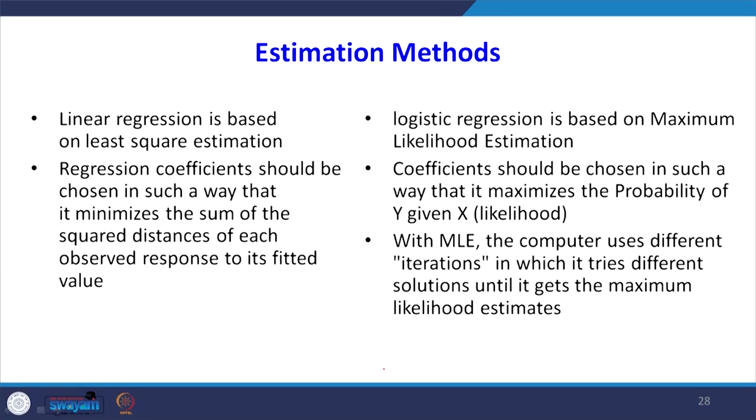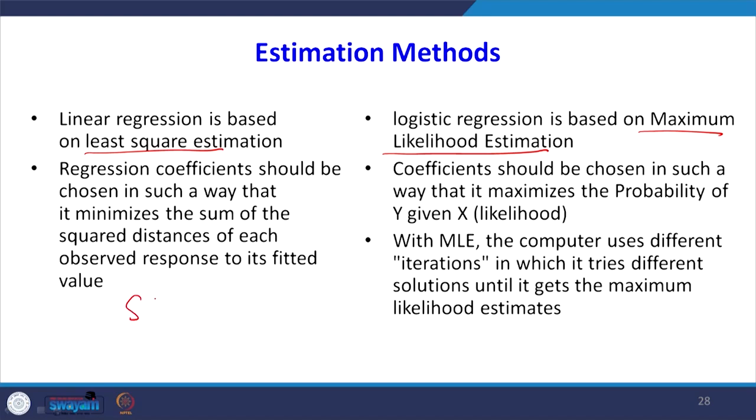Another important difference is that linear regression is based on least squares estimation, but logistic regression is based on maximum likelihood estimation. This should be our first point. In linear regression, coefficients should be chosen in such a way that they minimize the sum of the squared distance of each observed response to its fitted value.